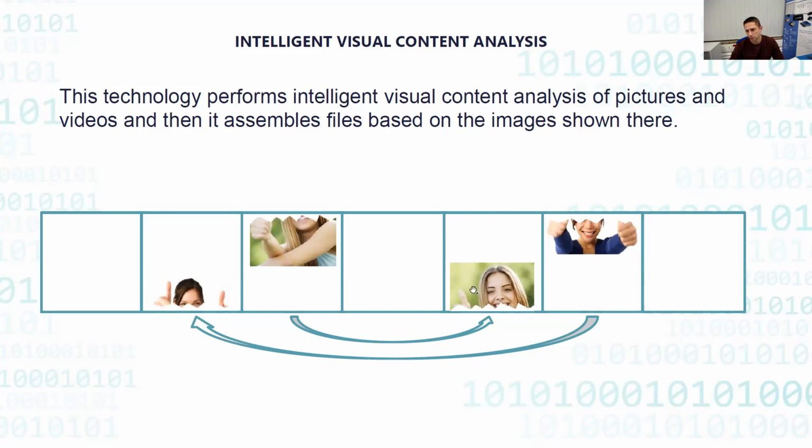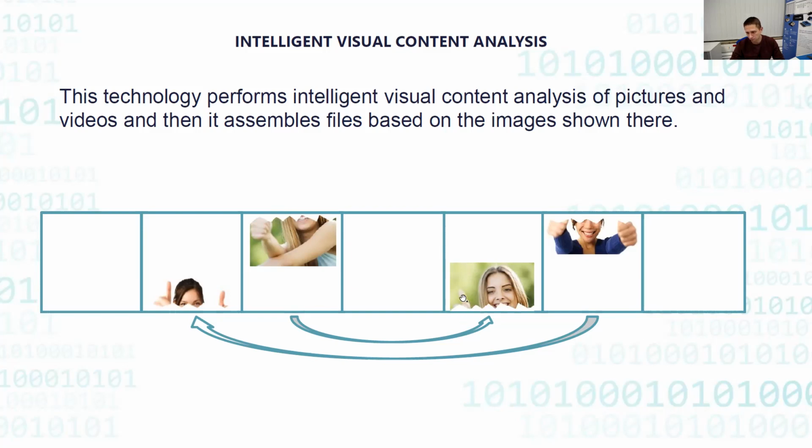For one picture, for example this nice lady, we have the start of the picture in this block and the end of the picture in another block. Once the algorithm finds the start of this picture, it analyzes the visual content, the image that we actually have there.